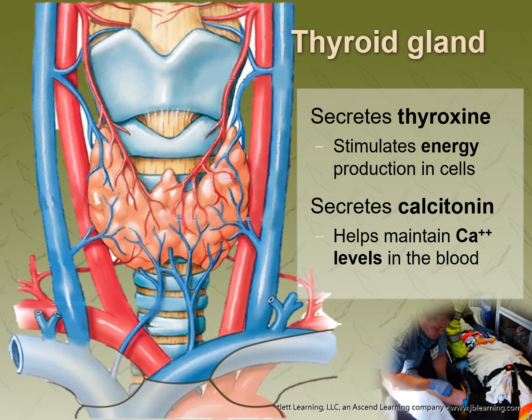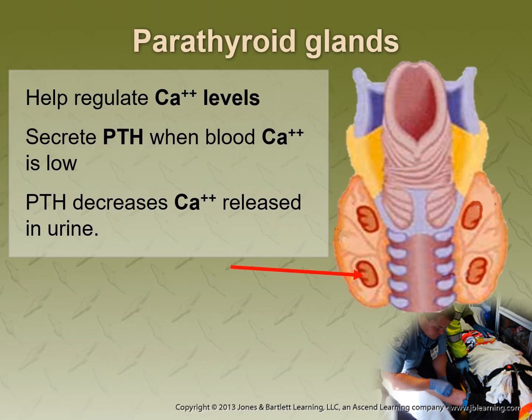Thyroid gland, all about metabolism. We secrete calcitonin here, and calcitonin is going to lower your blood levels, put the calcium into the bone, is what I often say. I think this would also cause you to pee out calcium. It basically lowers blood calcium levels. And the parathyroid is the opposite of that.